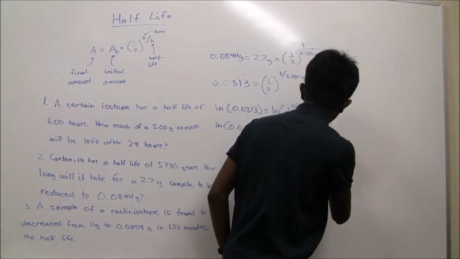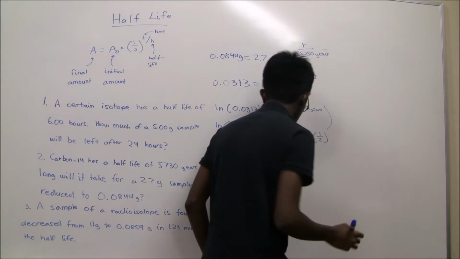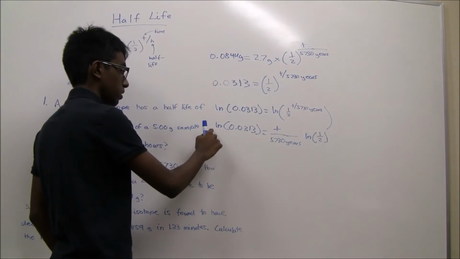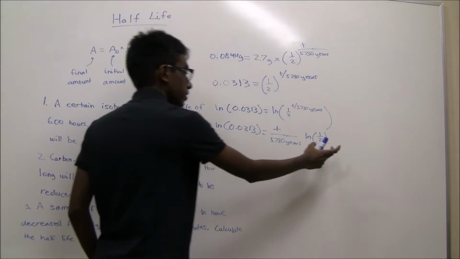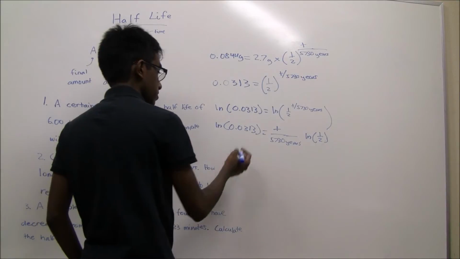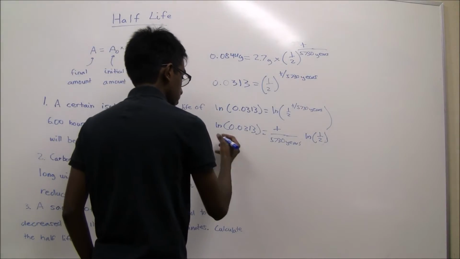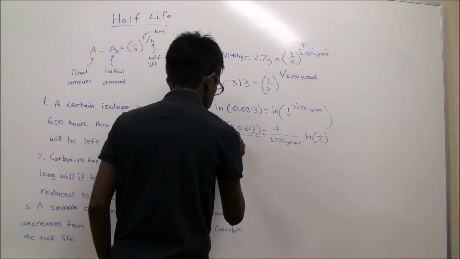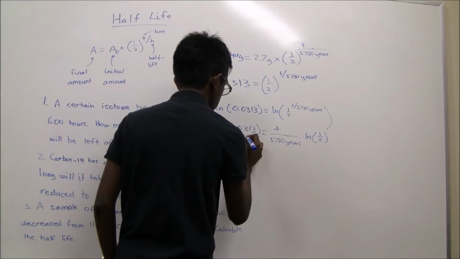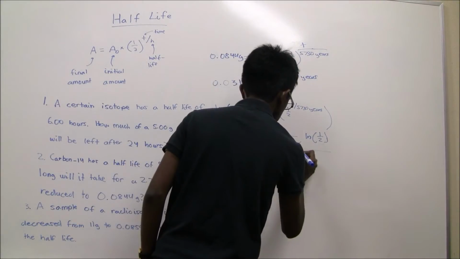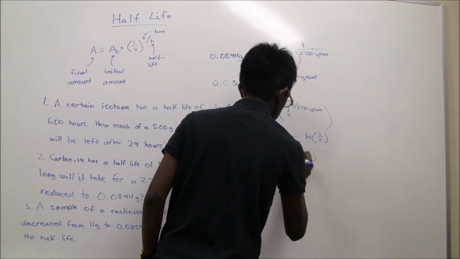Alright, then you can divide this by this. So divide both sides by the natural log of 1/2.